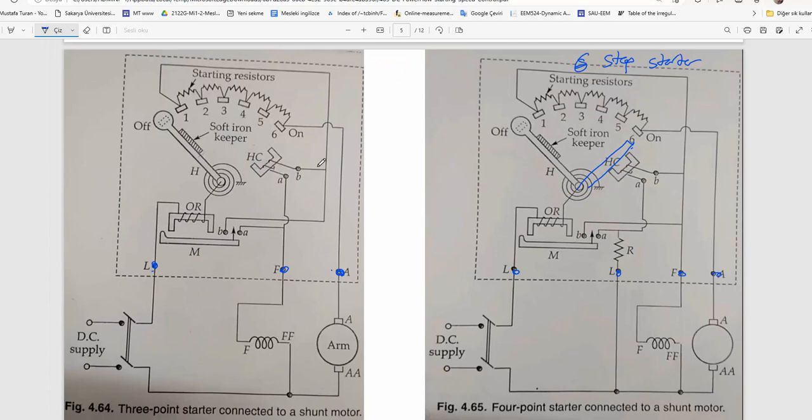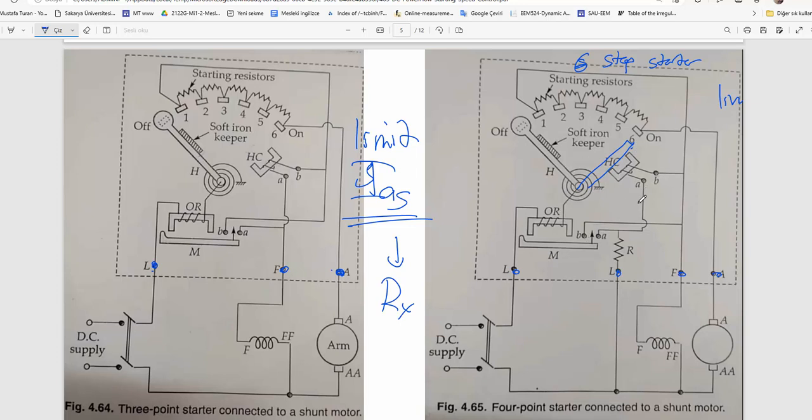What is the function of a starter? First, limit the startup current. The armature current is limited by using extra resistances here, stepped resistors.